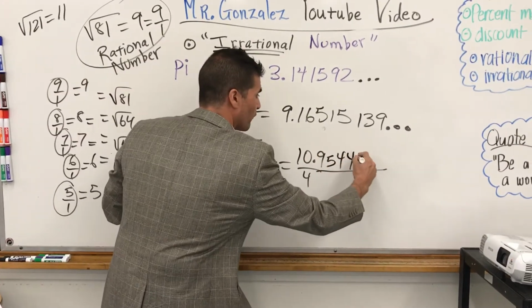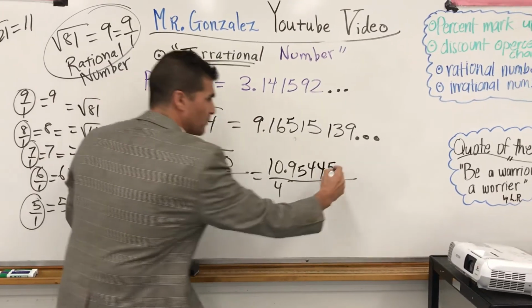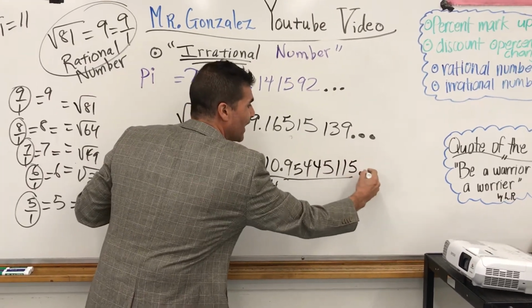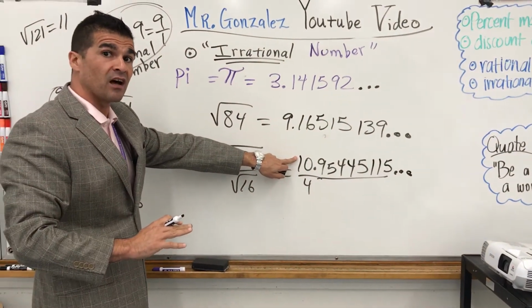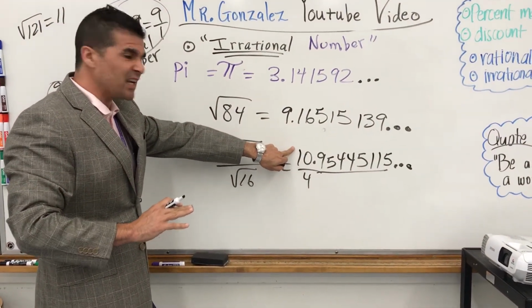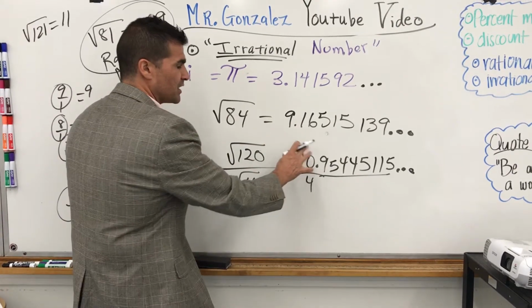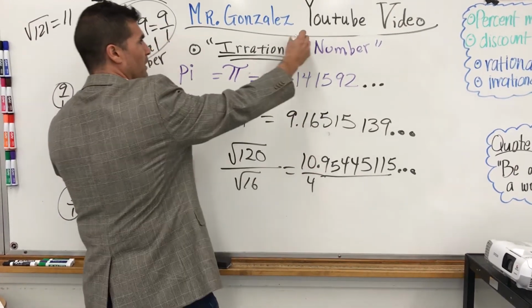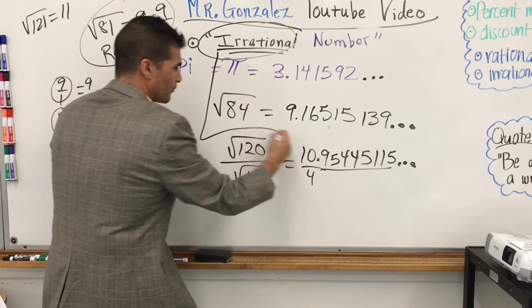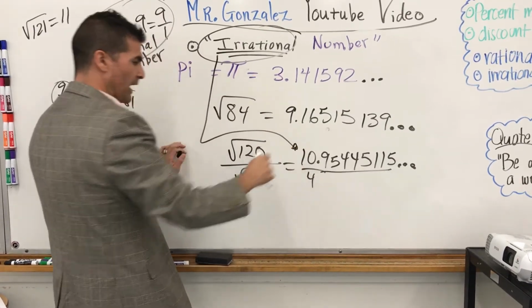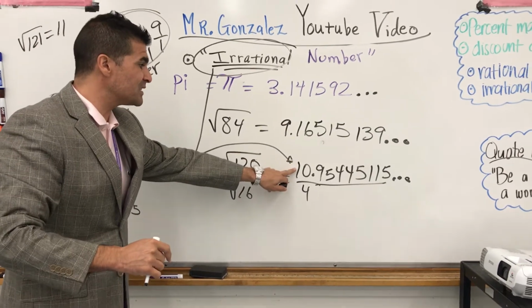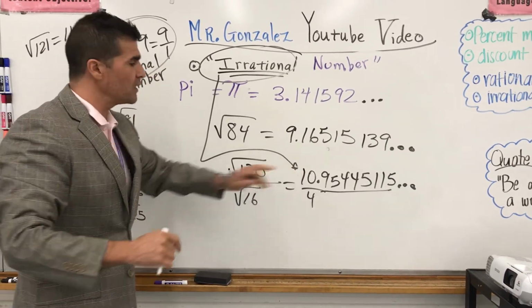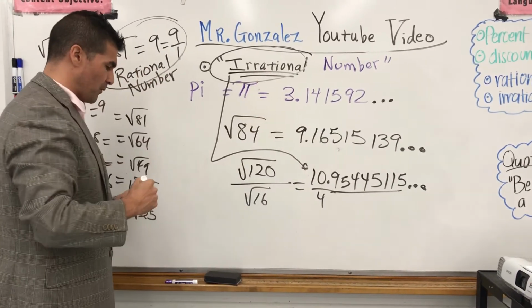This is going to be 4, 5 again. Then this is going to be 1, 1, 5, and there's no pattern here. See, because this number right here is a non-integer, we can't say that this is a rational number. This number here, this is irrational, even though the square root of 4 is rational. Because this number is not a whole number, this is an irrational number.